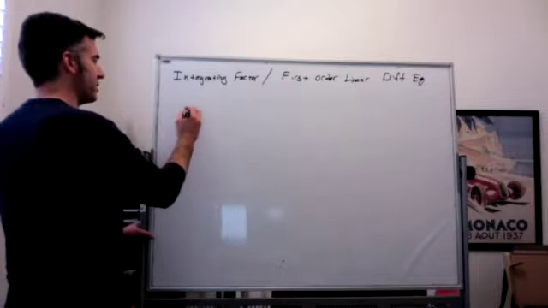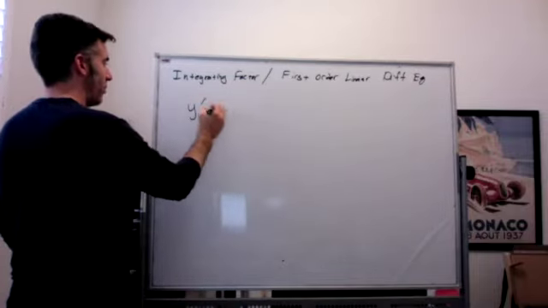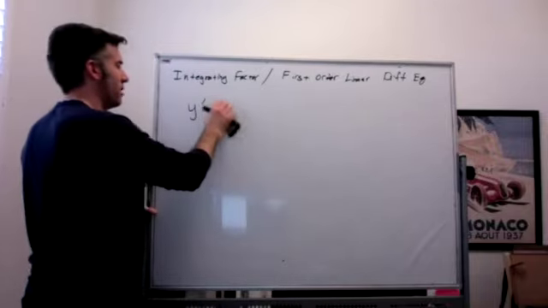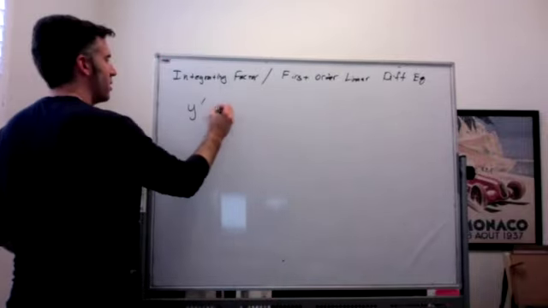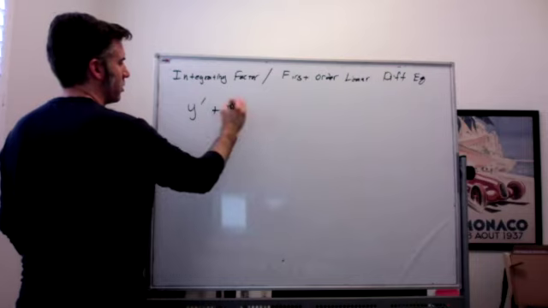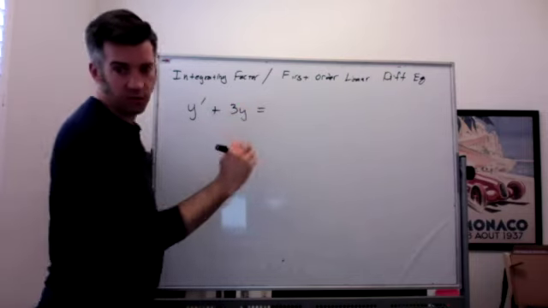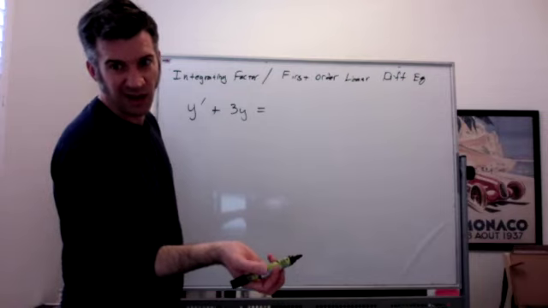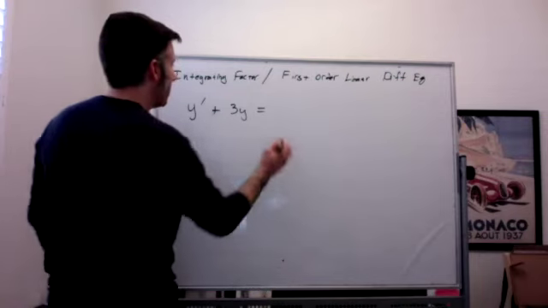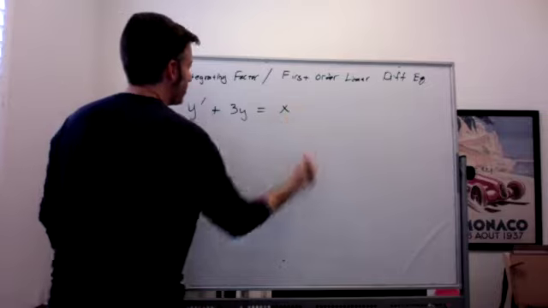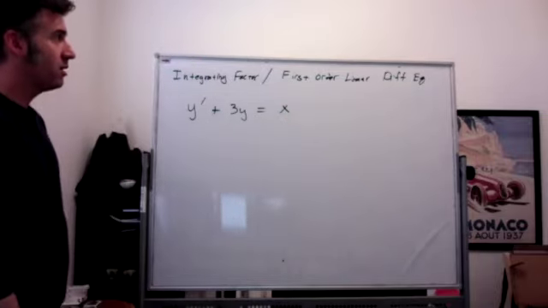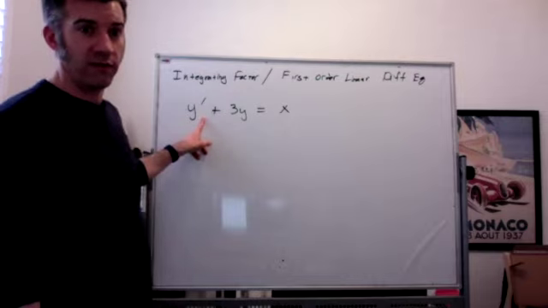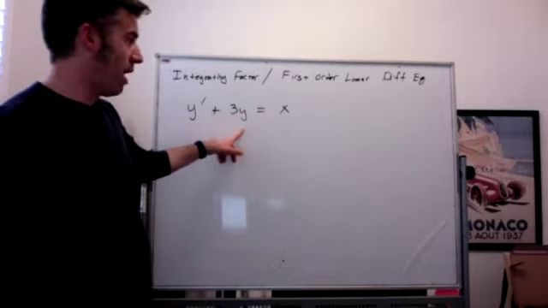So let's say we have this equation: y prime plus 3y equal to x. It's first order linear because you only have the first derivative, and it's linear because you only have y to the first power.